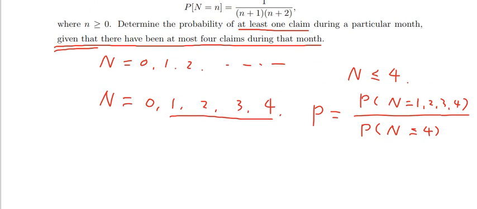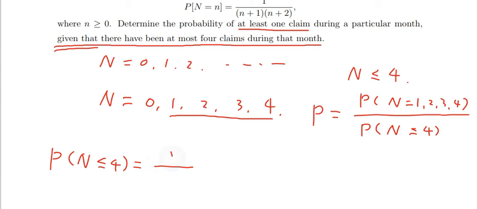So once we understand this notation, this problem is easy. Let's see, what is this? N at most 4. So N equals 0, we just plug in 0, so 1 times 2, right? N equals 1 is 2 times 3, right?